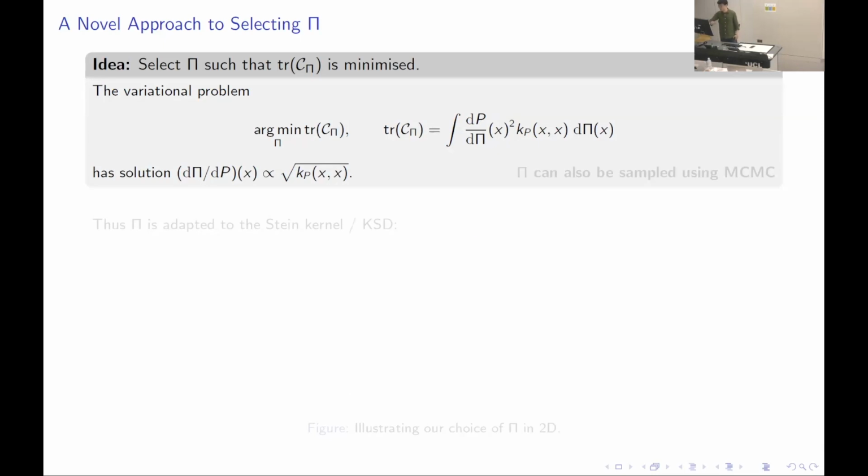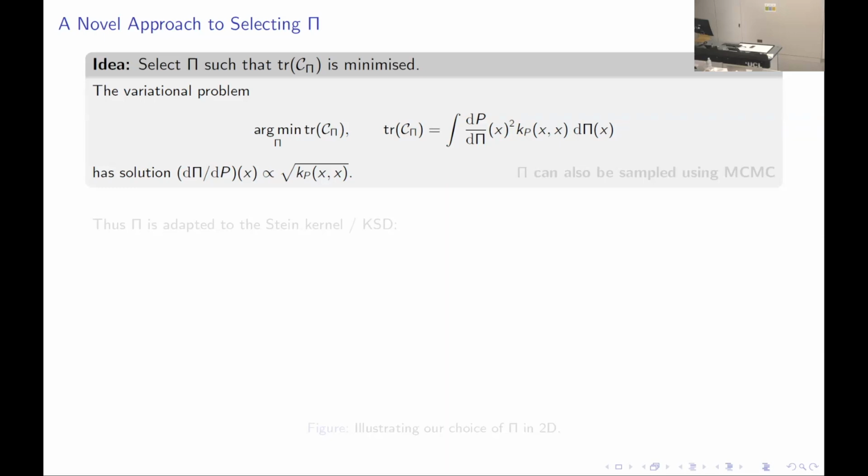So we minimize the trace of that covariance, and it turns out, due to niceties of this space, this works out quite nicely, and the density of pi is just proportional to the square root of the diagonal of the kernel function.